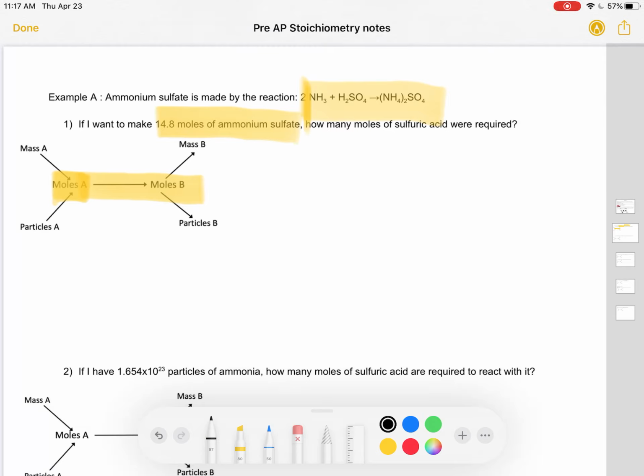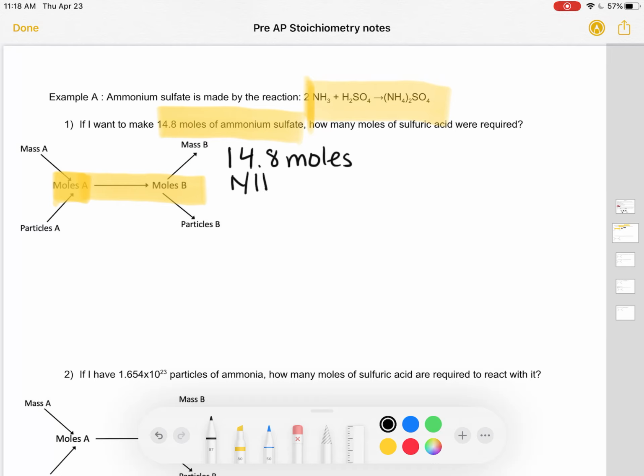We've got 14.8 moles of (NH4)2SO4. Now I know I need to get rid of moles of ammonium sulfate, and I have to use my mole ratio. So in my chemical equation, my coefficient here is 1.